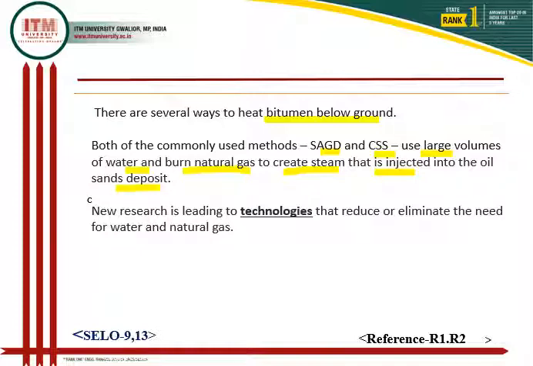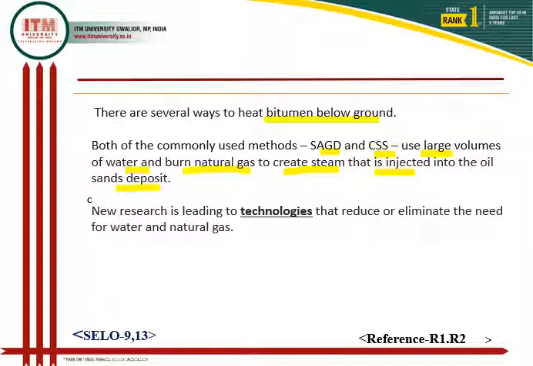So for SAGD and CSS, these two methods of heating the bitumen use large volumes of water and burn the natural gas associated with the oil, and that steam is injected into the oil sand deposit to heat the oil and make it flow so that it can be pumped to the surface.